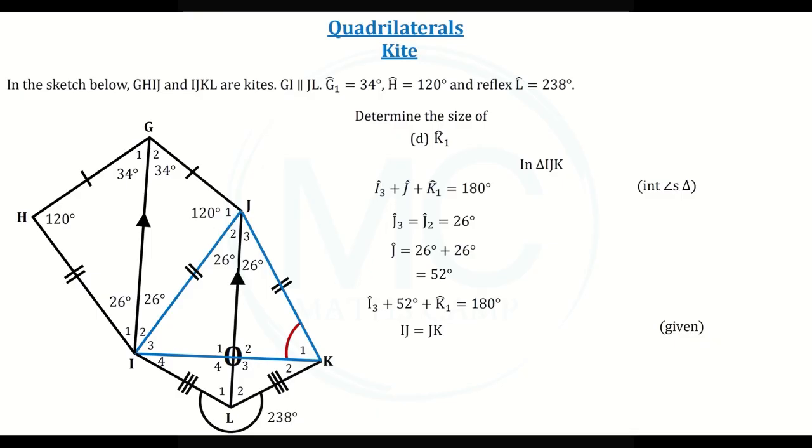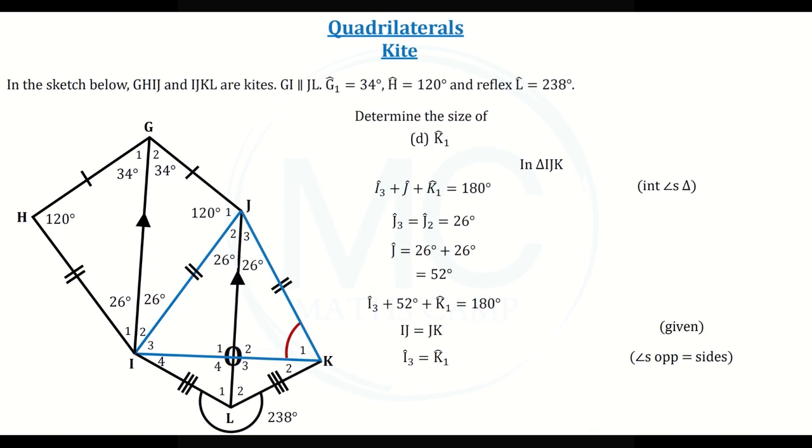If IJ is equal to KJ, then we can see that angle I3 will be equal to angle K1. So let's say angle I3 is equal to angle K1 because these angles lie opposite equal sides.